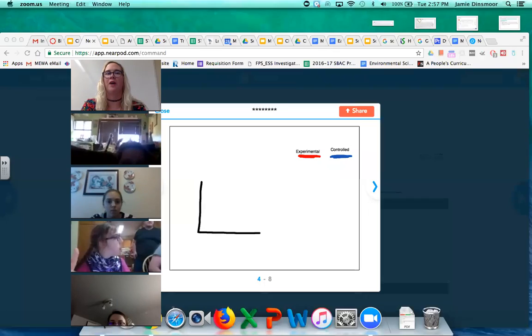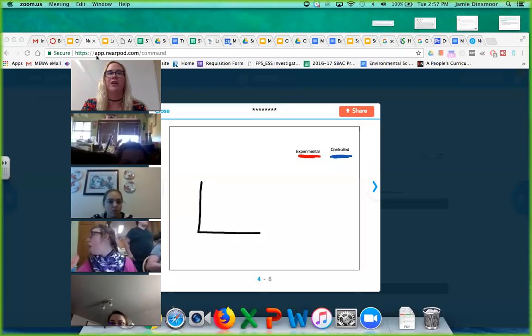Here I just see the makings of a graph. Okay. Experimental control. Okay. Lots of people setting up their graph, but then keeping their graph blank. So let me take someone's beautiful setup graph here.